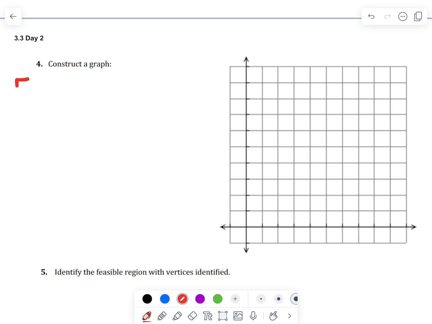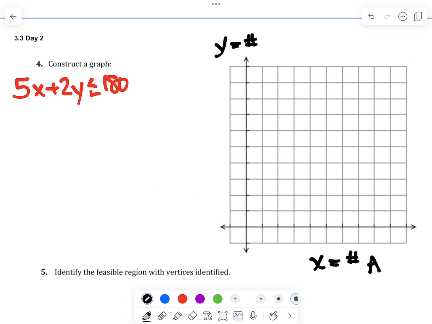So we have 5x plus 2y less than or equal to 180. So this time I'm going to go ahead and find the intercepts where it crosses the x-axis and the y-axis. So the x-axis represented the number of bread A, and the y-axis represented the number of bread B.